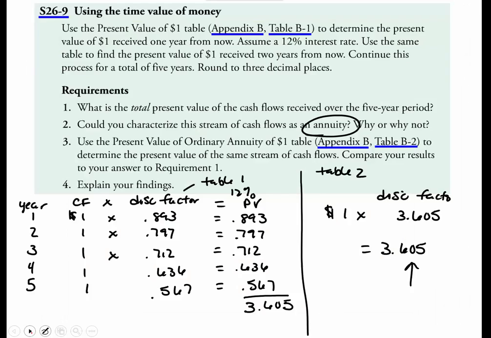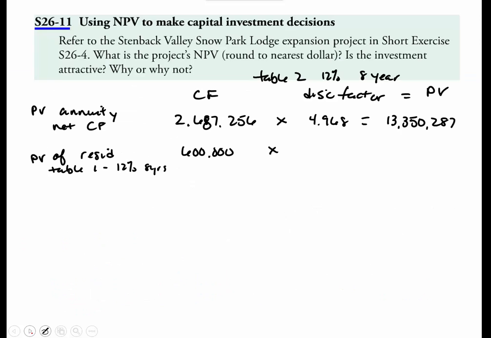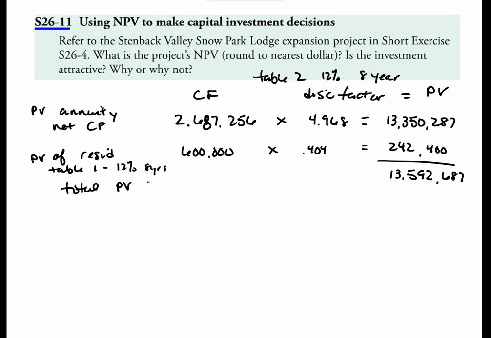So I discount that and say, all right, getting that money at the end, let's say I'm selling this off, 0.404 is worth $242,400. Add those two together, 13,592,687 is the total present value of all of my future cash flows.